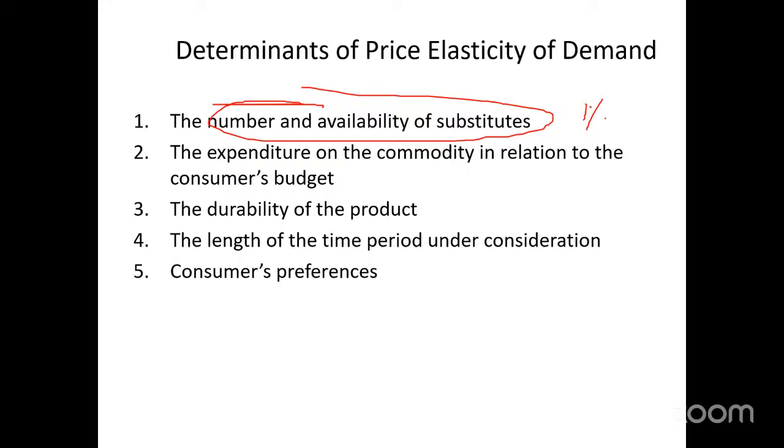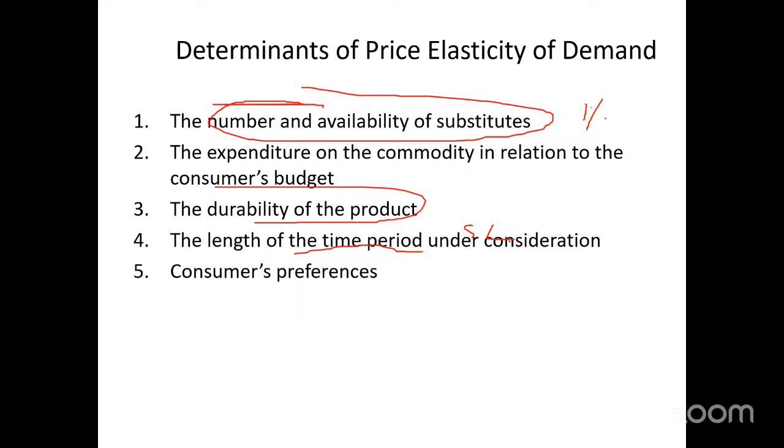And the durability of the goods. If you can keep it for the long term, that is also very important. When you measure a durable good, you get low elasticity. The other one is the length of the time period, short term or long term. For the same good, you can estimate the price elasticity in the short term and long term. For example, cigarette consumption, cigarette demand.